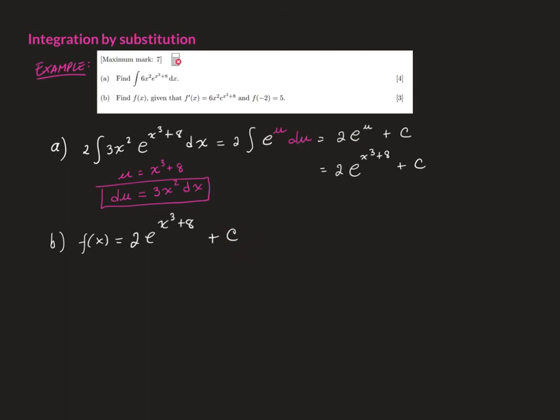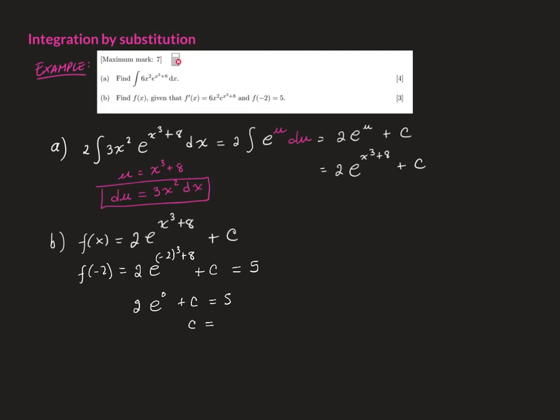So we're going to substitute that value into the function. We're going to say f of minus 2 is going to be 2e to the power of (minus 2)^3 plus 8, plus c, and that has to be equal to 5. That is 2e to the power of minus 2 cubed, that's minus 8, plus 8 is 0, plus c equals 5. e to the power of 0 is 1, so 2 times 1 is 2.